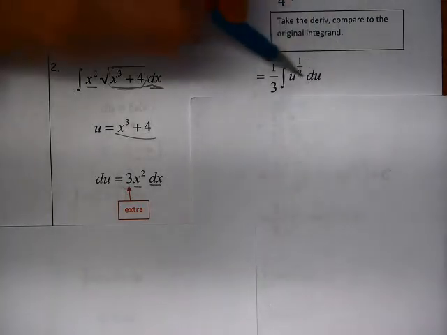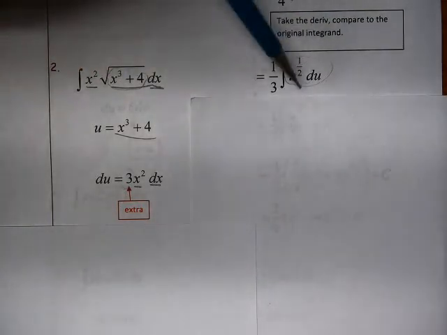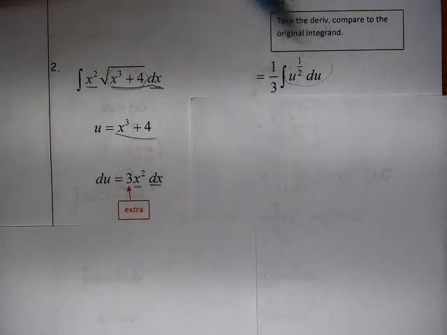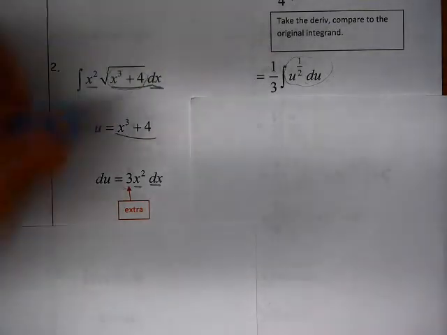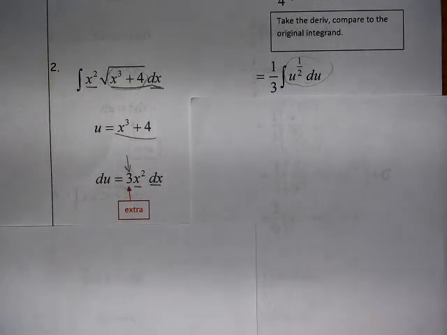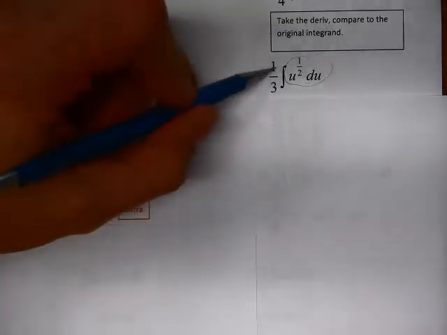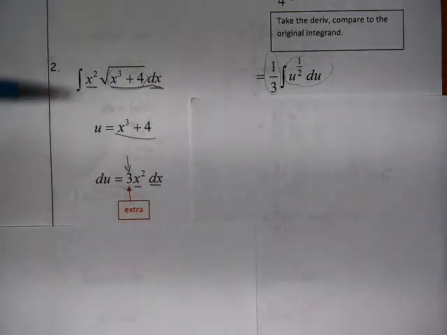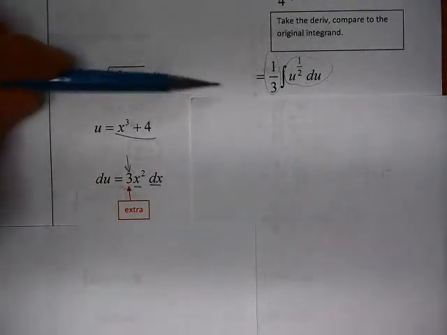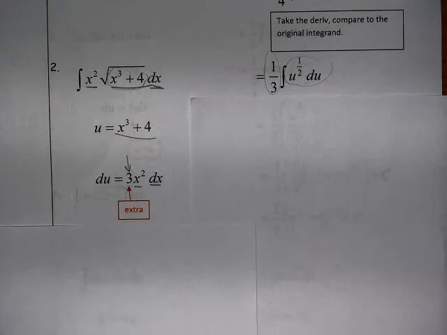But if I rewrote it this way, this would be 3x squared times the square root of x cubed plus 4, and I really just want x squared times the square root of x cubed plus 4. So I have to offset this extra factor of 3 that I got when I took the differential of u with a 1/3 here, so that this integral is equal to this integral, just rewritten.